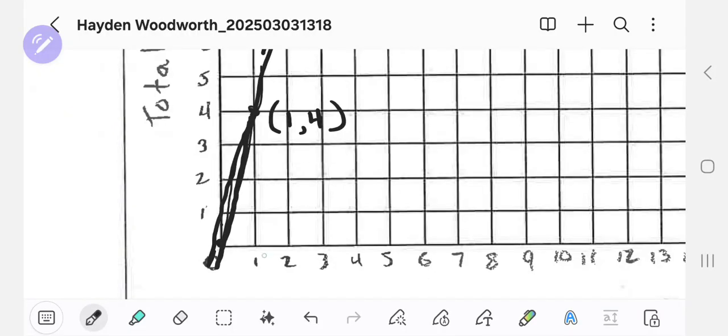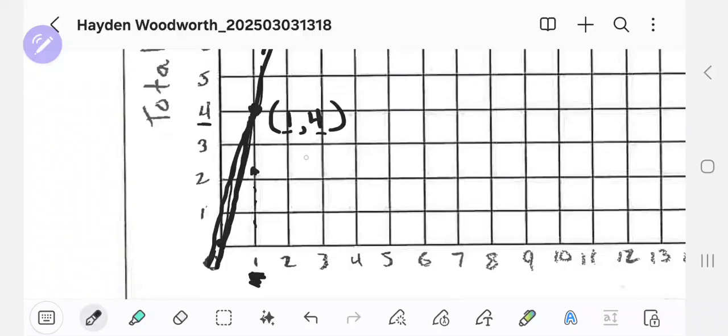On any graph, if you can look at where 1 is on the x and go up to find this point here, you can see the y value there. See, 1, 4. That tells you right there, it's 1 day, 4 points. So what's our unit rate there? 4 points per day.